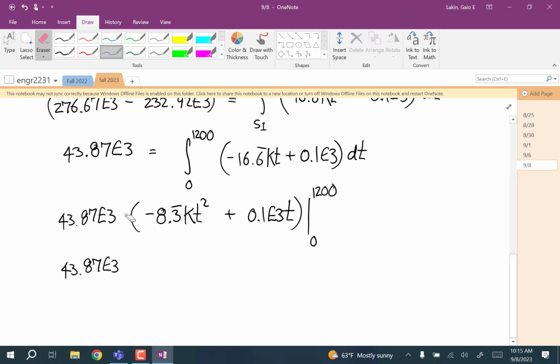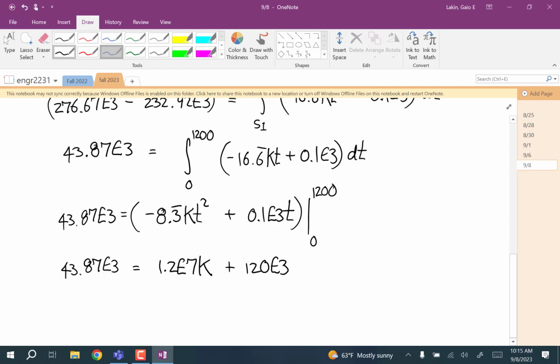And this is an equal, not a plus. 1.2 E7. Okay, and we still have that k, and then 1200, so plus 120 times 10 to the 3.